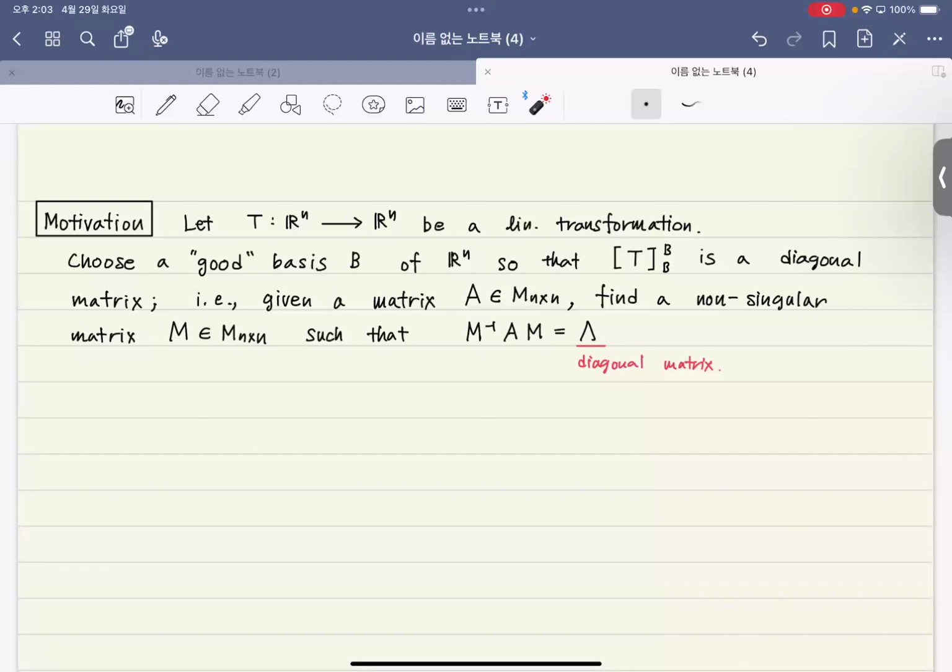So we want to find a very nice non-singular matrix M so that under the similarity transformation, A is transformed into a diagonal matrix. The matrix A is given, and today we'll try to find such a nice matrix M. How can I make such a matrix? The idea lies in the eigenvectors and eigenvalues.